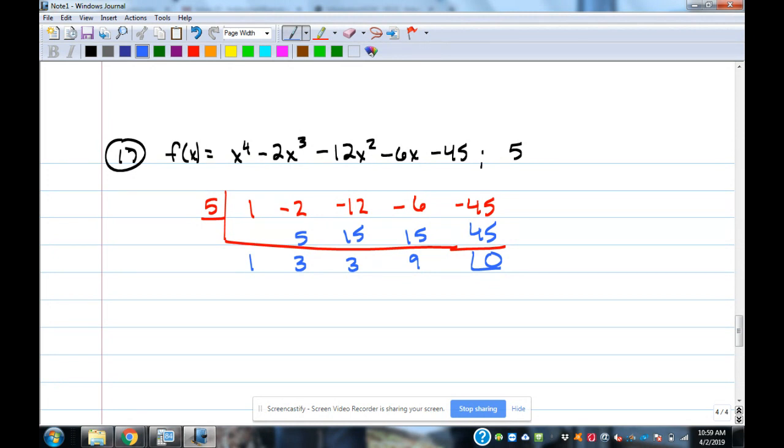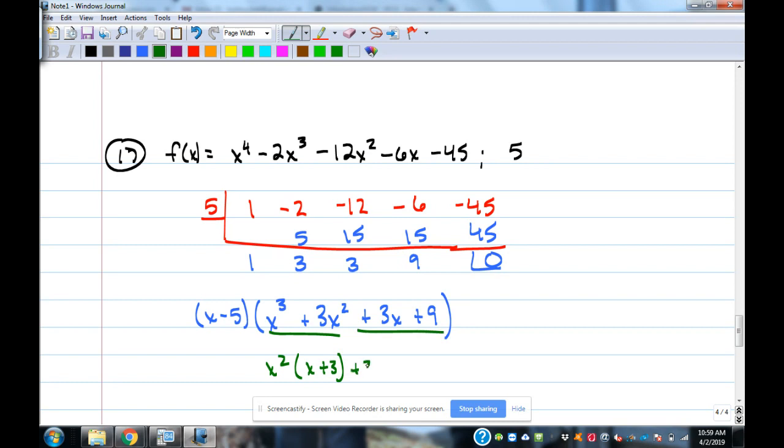Now, we've got a factor of x minus 5. And then we've got x cubed plus 3x squared plus 3x plus 9. What method could I use to try to factor that? Grouping. So the first ones have x squared in common. Second ones have 3 in common.